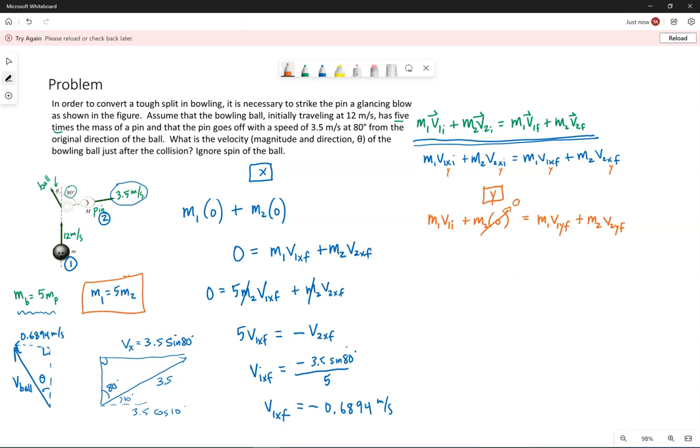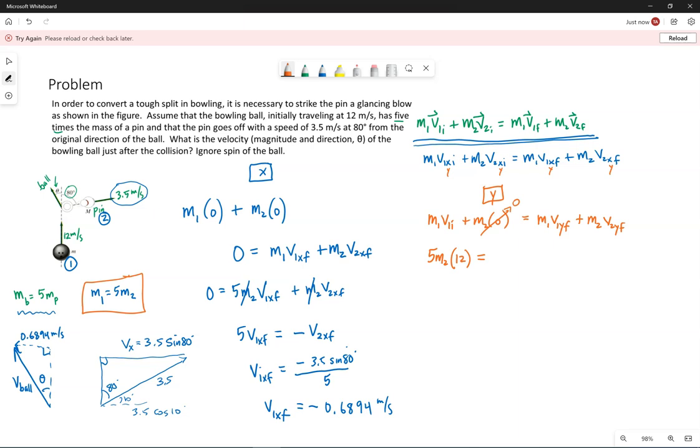Or we can just put the relationship between the masses. Let's see. 5 mass 2 times the 12 meters per second that the ball is traveling in the y direction. So this is the total momentum. So 5m2 because the ball is 5 times the mass of the pin.